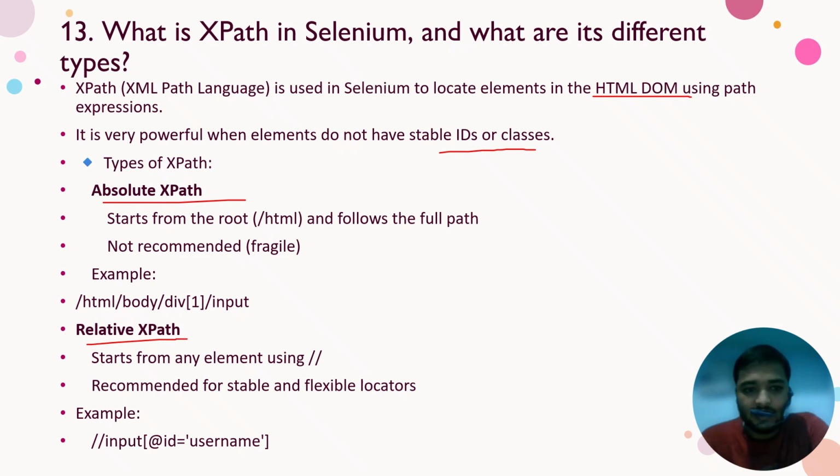Absolute path starts from the root and gives the full path, not recommended, for example single slash html slash body slash div. Relative path starts from any element using double slash, recommended for stable and flexible locators. We start with double slash input at id username.